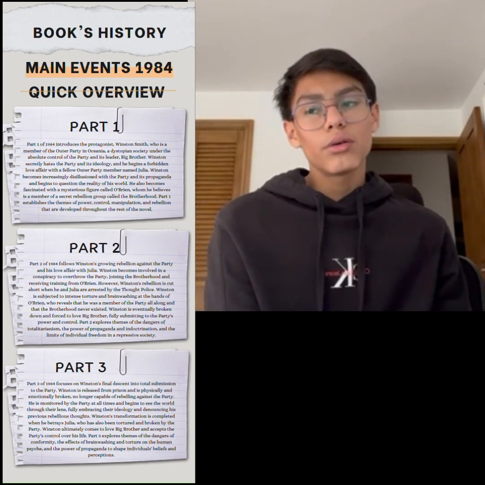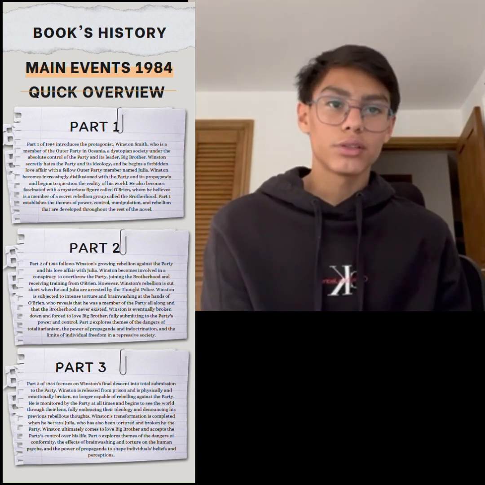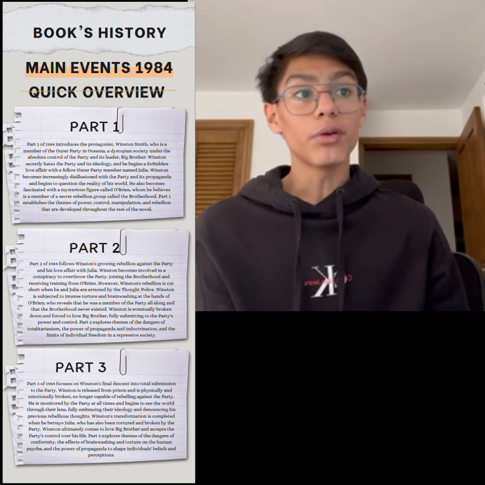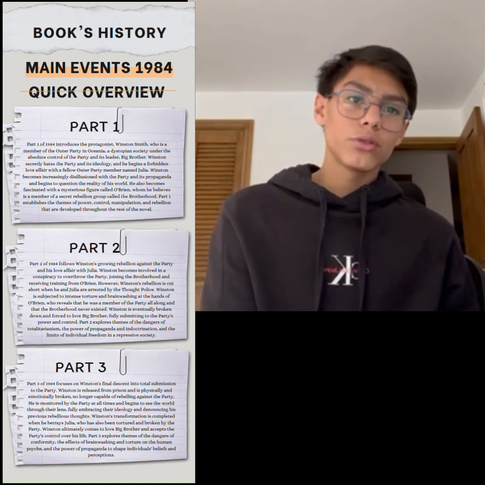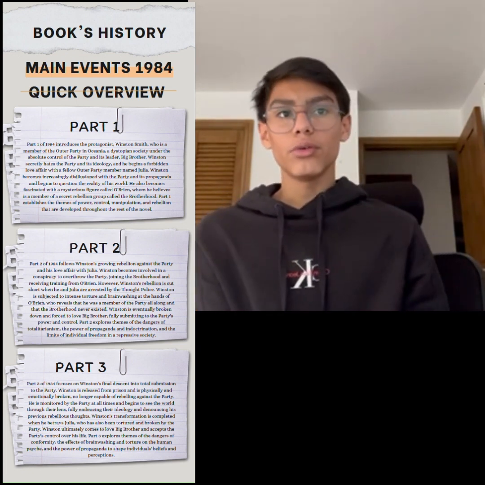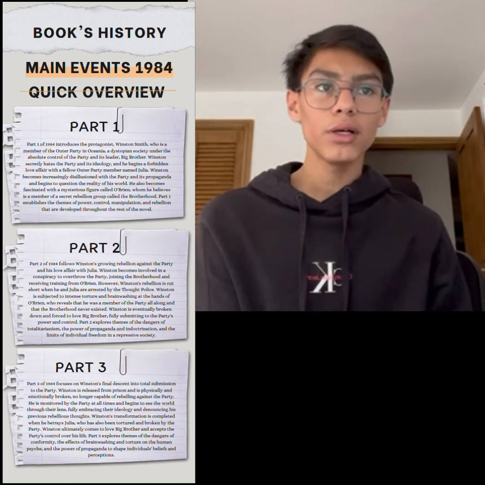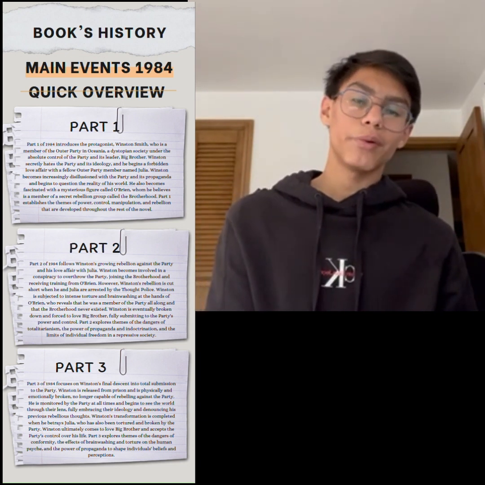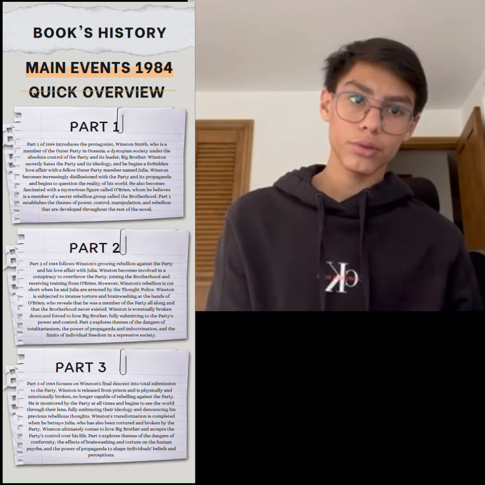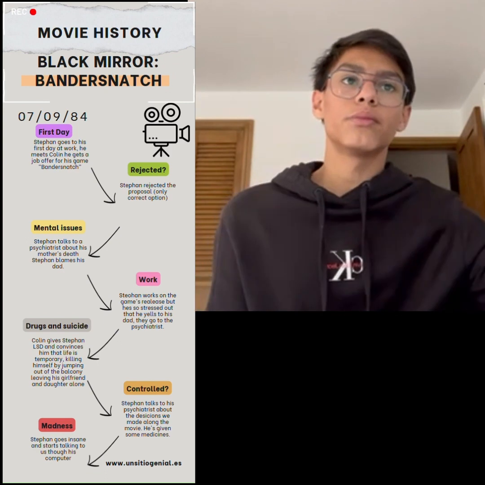So the main concepts in this part are brainwashing, torture physically and mentally of a human, power of propaganda, and how a perception can be actually broken down and altered.